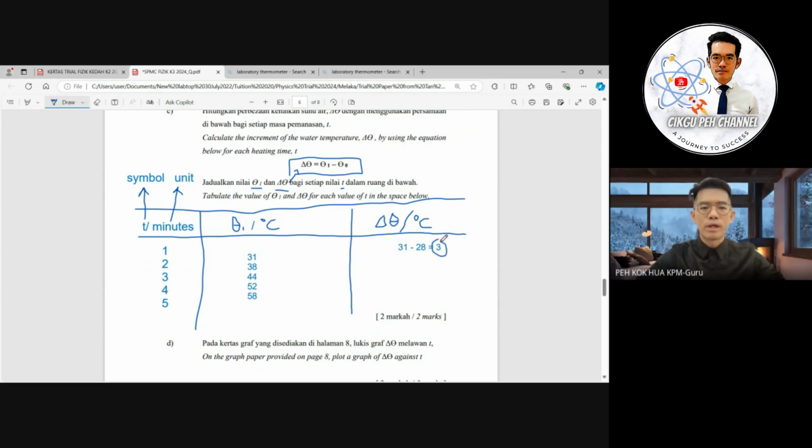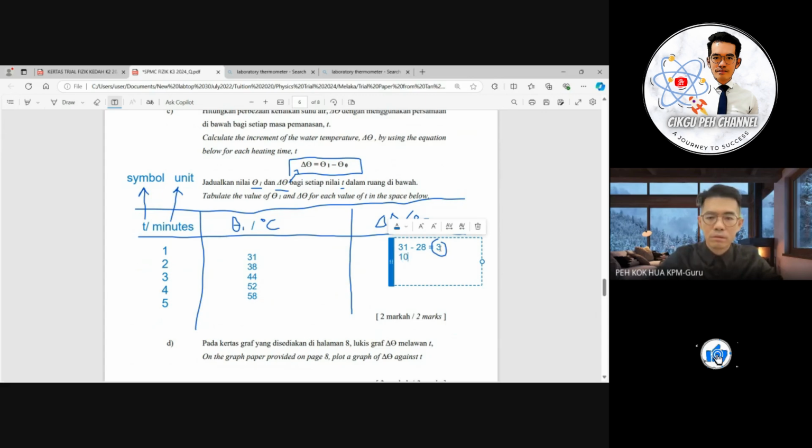If I say you give 1 decimal place, all must be consistent at 1 decimal place. Here you don't need to give decimal places also can. Then next, 38 minus 28 is 10. Then 44 minus 28 is 16.